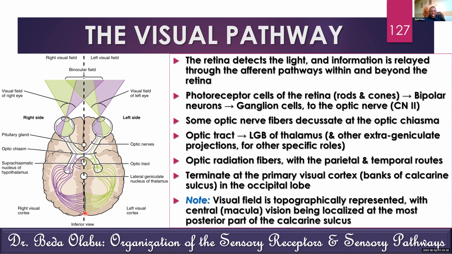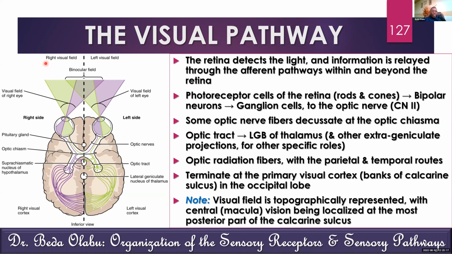And then progressively we move from the central part of the visual field to the peripheral part of the visual field. So the information that is landing on the anterior aspects of the calcarine sulcus, remember it's in the occipital lobe, will be information from the most peripheral parts of the visual field. And the information that lands at the posterior pole will be information that comes from the central part of the visual field.